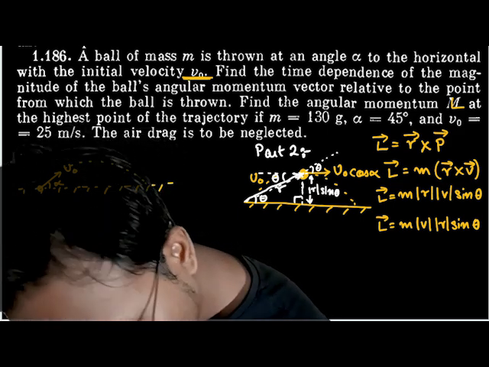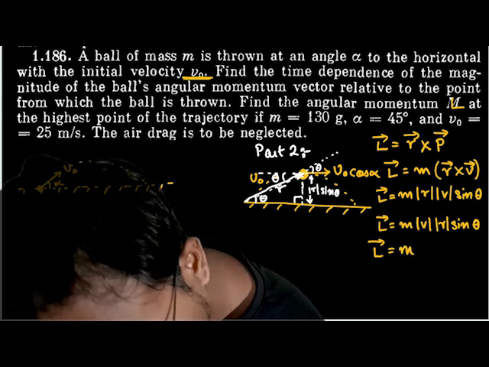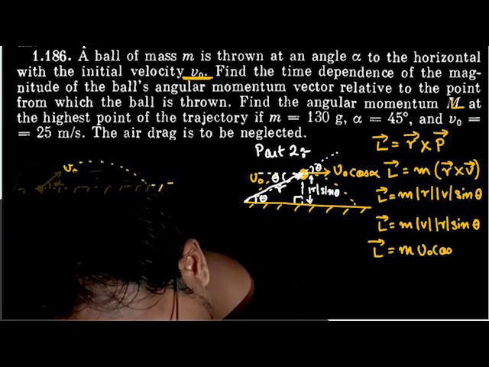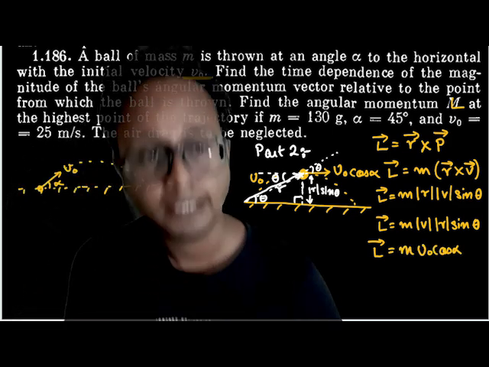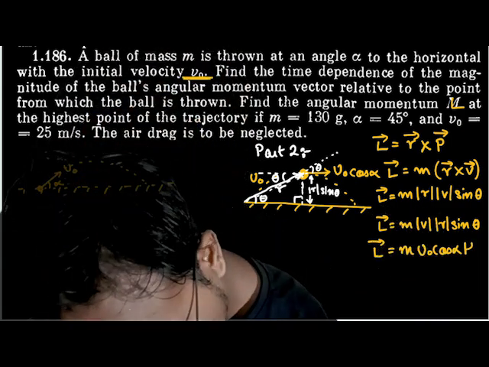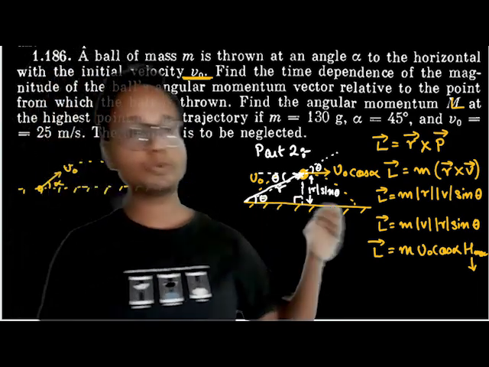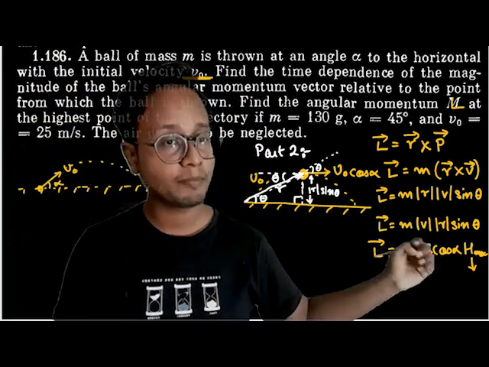So I can easily write angular momentum at maximum height is equal to mass into velocity at maximum height, V naught cos alpha, into R sin theta. R sin theta is nothing but maximum height, H max, where H max, from projectile motion, is U square sin square alpha by 2g.